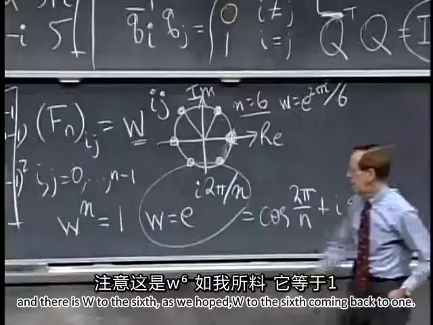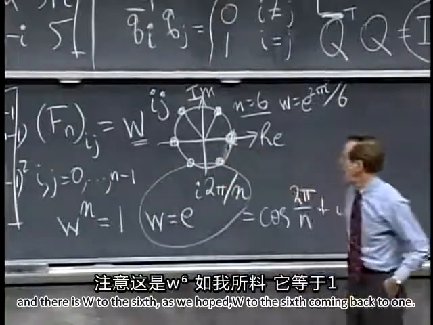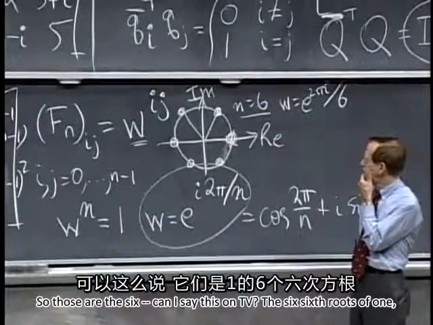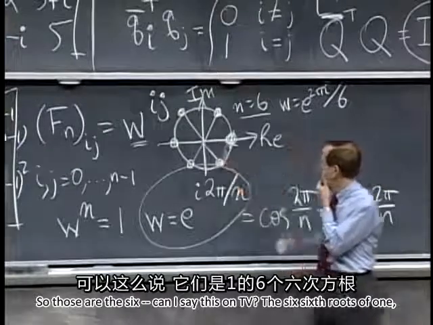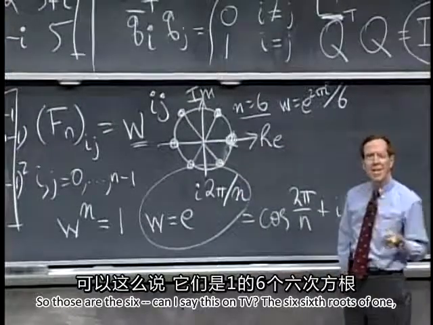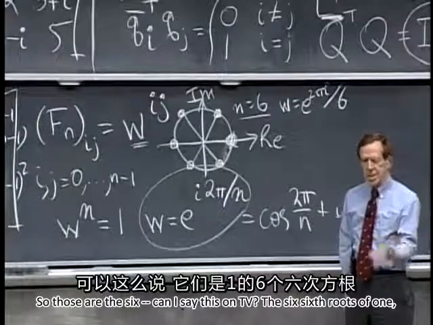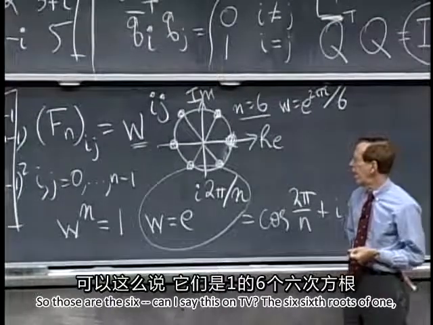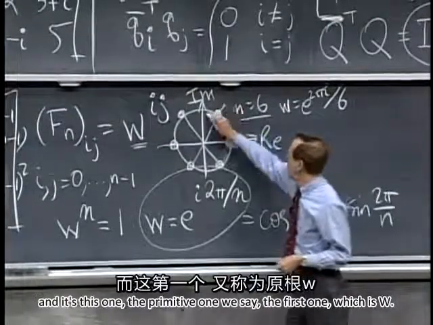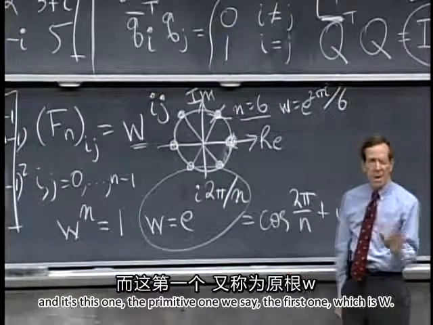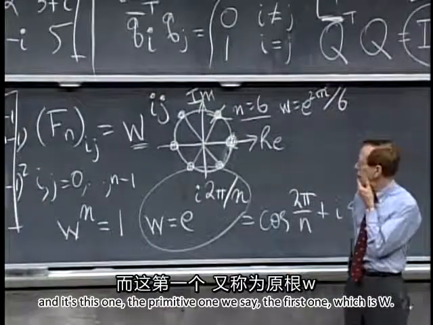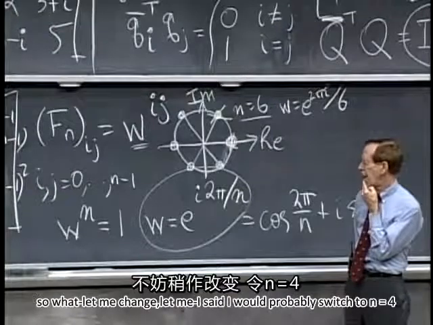As we hoped, w to the 6th comes back to 1. So those are the 6 sixth roots of 1, can I say this on TV? And it's this one, that primitive one we say, the first one, which is w. Okay.